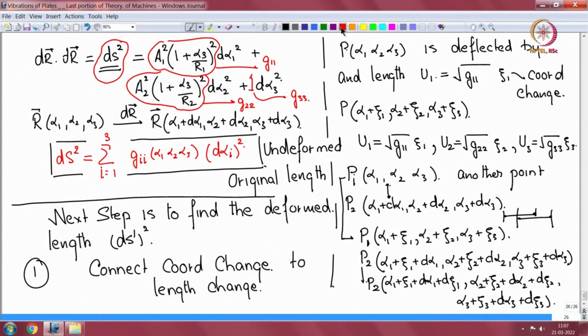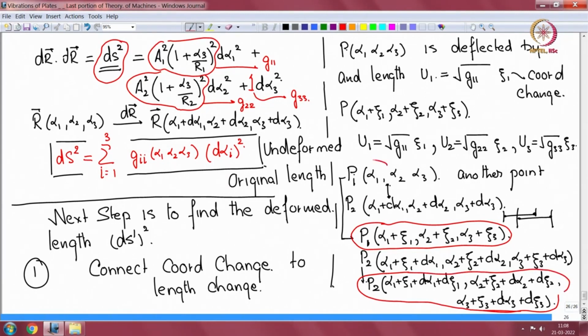So let us say this is the point P1 now at this coordinate, this is now P2 at this coordinate. Originally P1 was here, originally P2 was here, just d alpha 1, 2, 3 away. So now P1 to P2 is deformed.